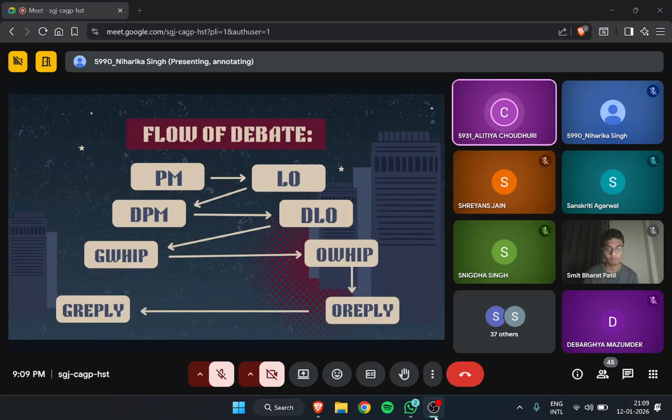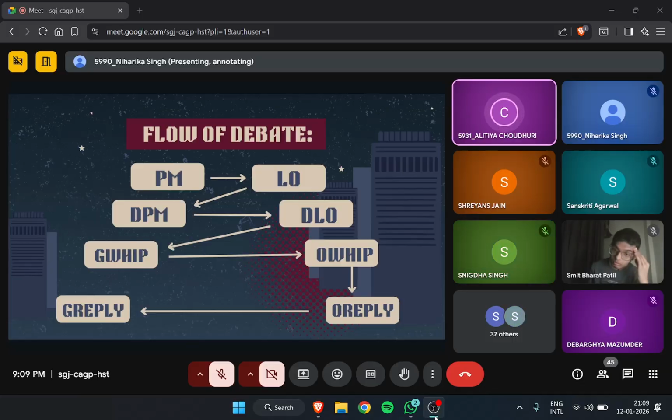Great. So, as we said, the flow of the debate as well, right? So, in a classic 1v1, what happens is that someone from government bench or proposition goes ahead and speaks first, and then there is someone from opposition. We have the same understanding here, which means PM would have the first speech, followed by LO, followed by DPM, then DLO, and respectively Gov Whip and Op Whip as well.